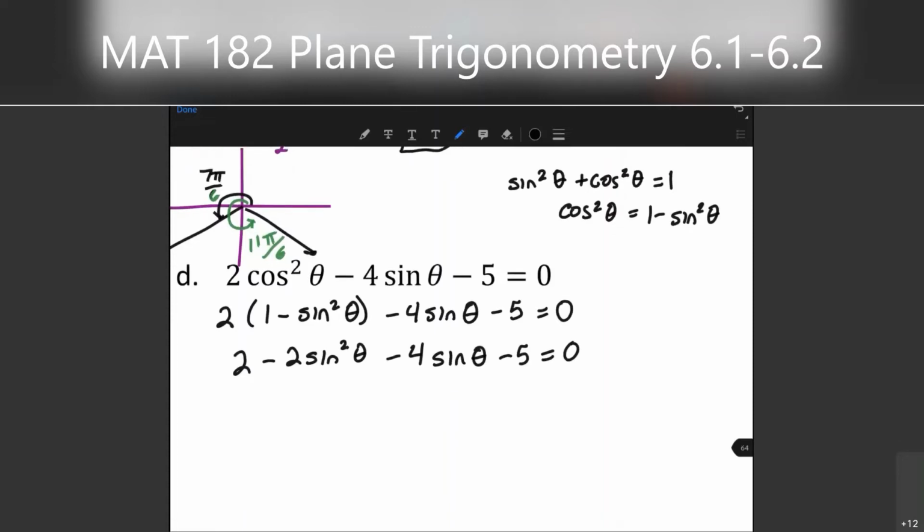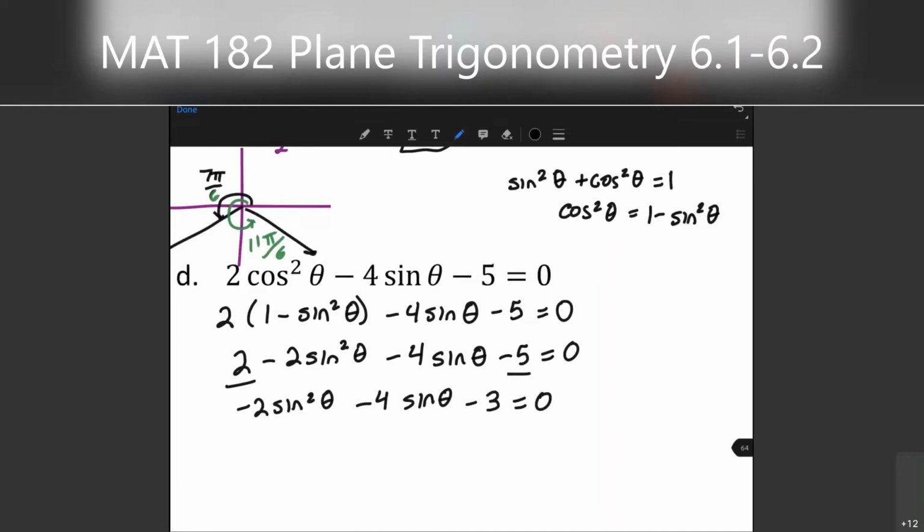All right, and again, we have like terms that we could add with those constants. We'll do that. So that would be minus 5 and plus 2 would be minus 3.